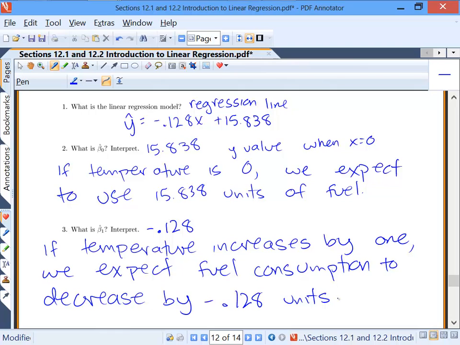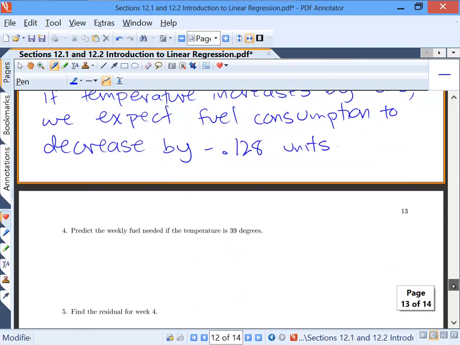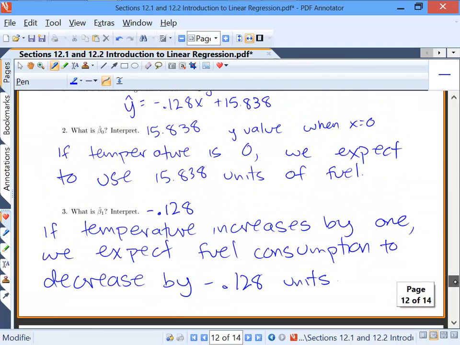Which makes sense, right? The hotter it gets, the less you need to run your heater. So, any questions on this?